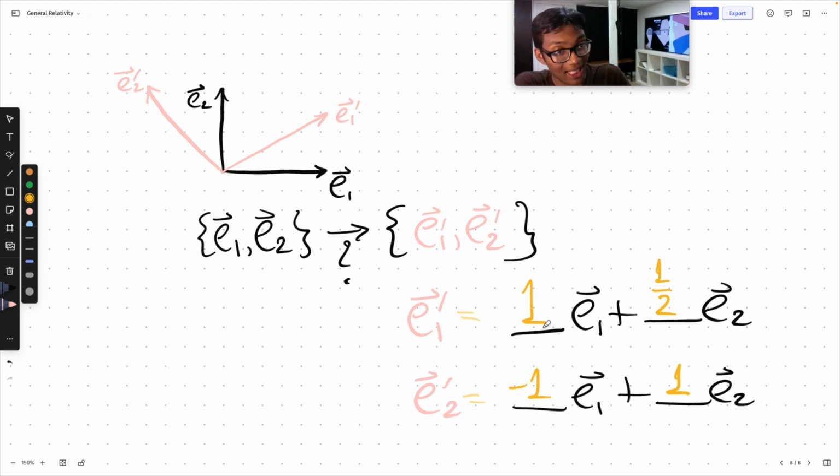So if I take one of my E1 vectors and combine it with 1/2 of my E2 vector, I'll get E1 prime, my first new basis vector. And similarly, if I take minus 1 of my E1 vector and 1 of my E2 vector and combine them, I'll get my E2 prime vector. That's what we're shooting for here. This is a pretty simple example, but it's the basic fundamentals of what we're going to do as we keep going.